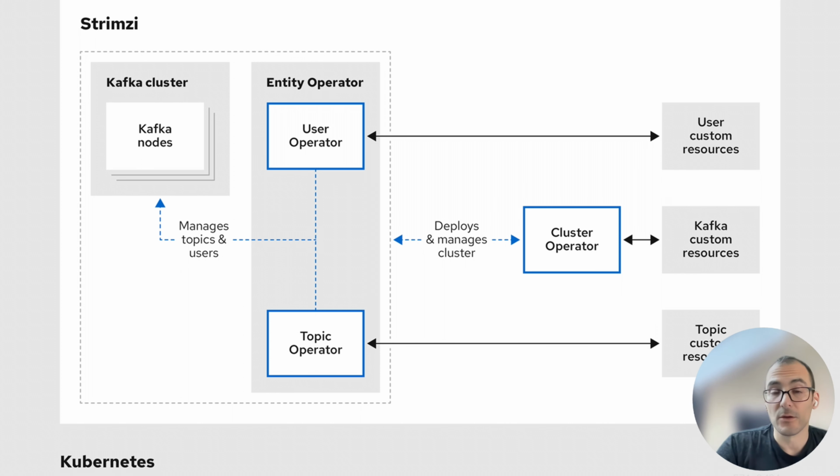So Strimzi operators support tasks like the Kafka deployment itself, and we also have a way to provide detailed deployment configurations. For example, how many clusters we would like to have, some cluster-related configuration, topics, users, and other components like Kafka Connect and so on.